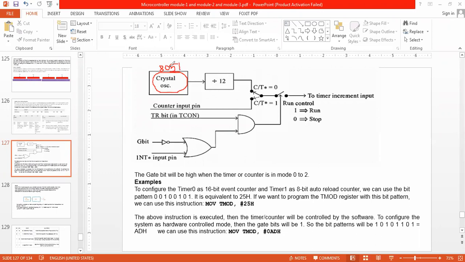What is the crystal oscillator of this 8051? It is going to be 12 megahertz, no? 12 megahertz. Or else I can use, what can I use? External frequency.